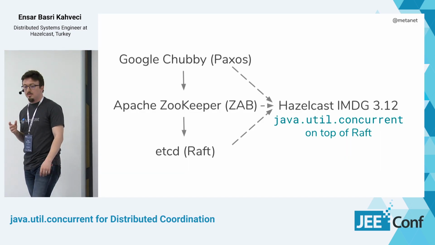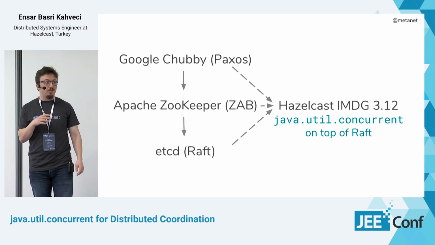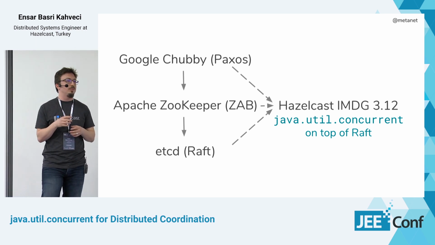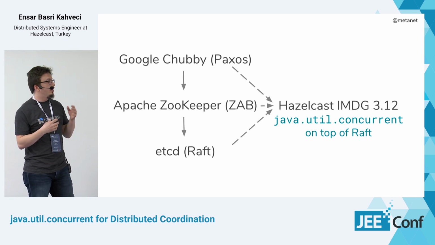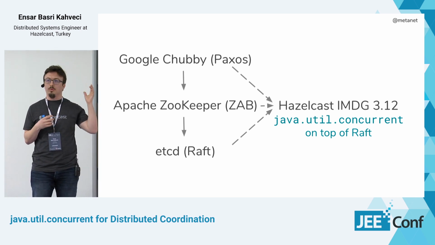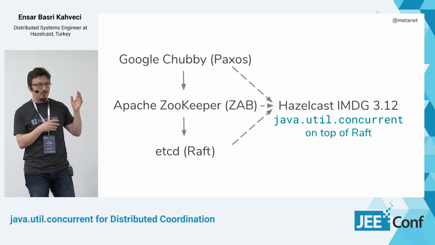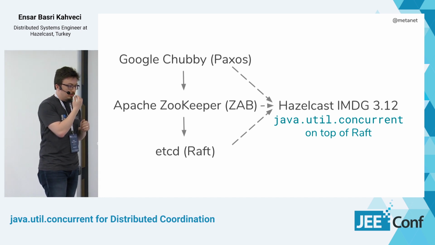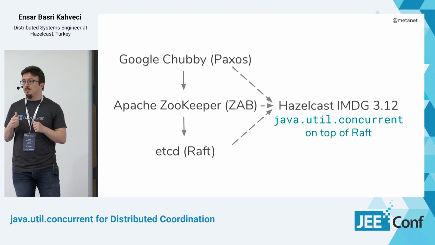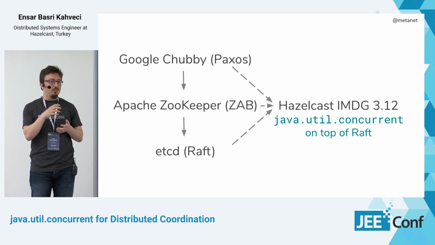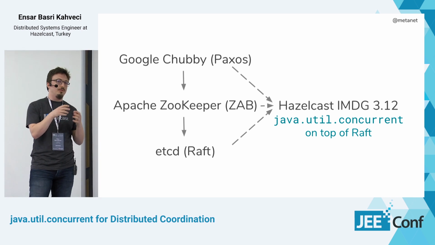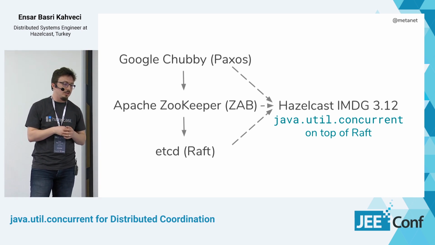So our idea is we can capitalize on this conceptual similarity between multi-threaded and distributed applications to make JDK's concurrency primitives useful for distributed coordination. And this is exactly what we did, actually. We already had implementations of these primitives in our previous versions, but they were built on asynchronous replication, and they were not offering the consistency guarantee expected from them.